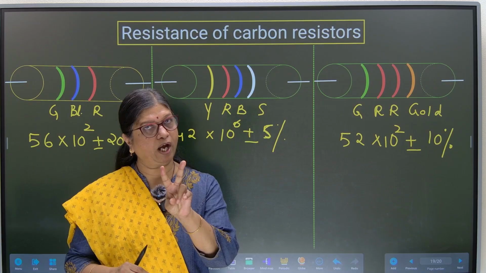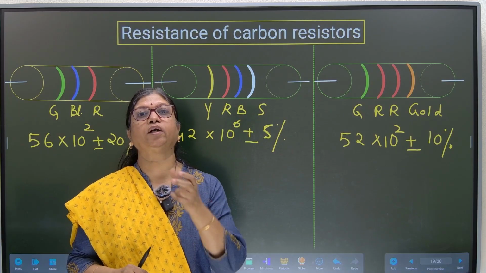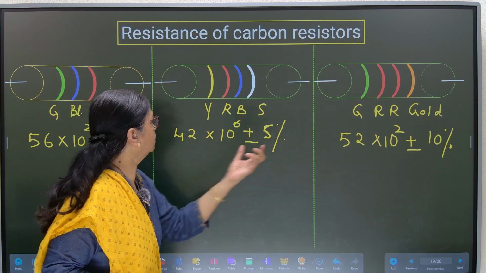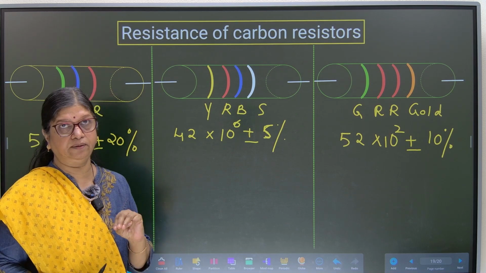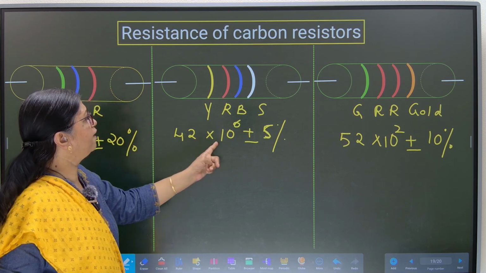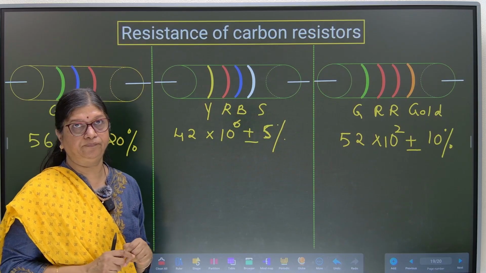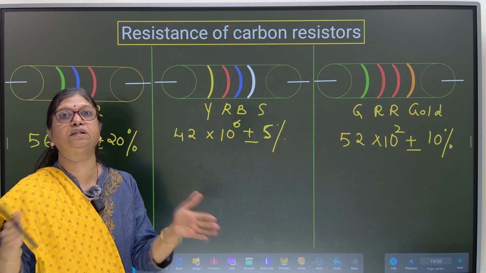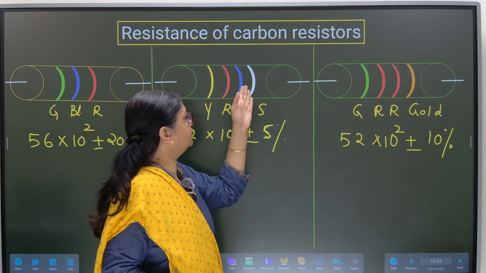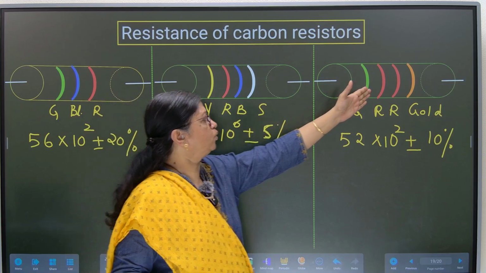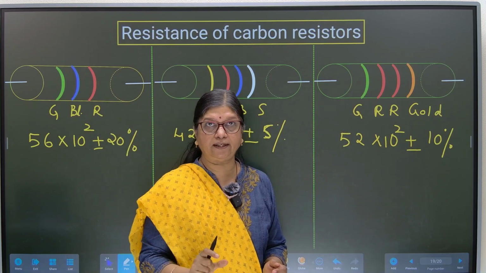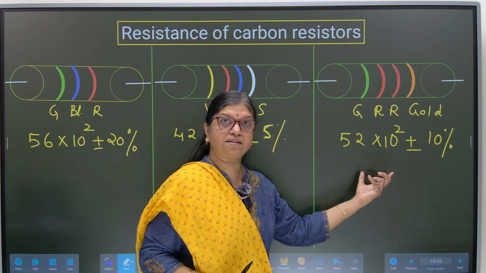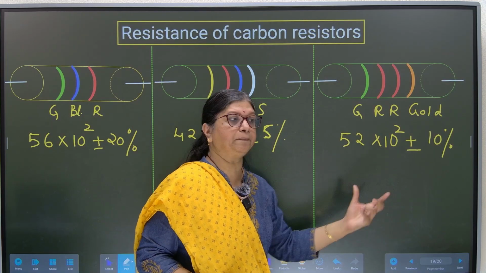The first 2 colors are for the significant numbers. The third color is for power raised to 10. Fourth color, if it is there, silver 5%, gold 10%, tolerance for the variation of the resistance indicated by these numbers.